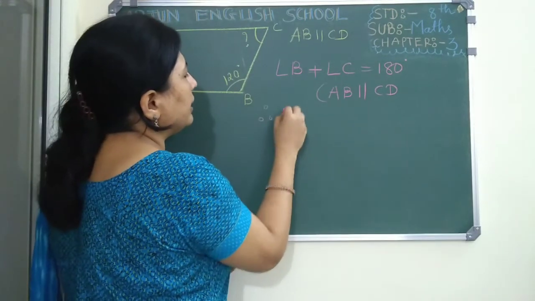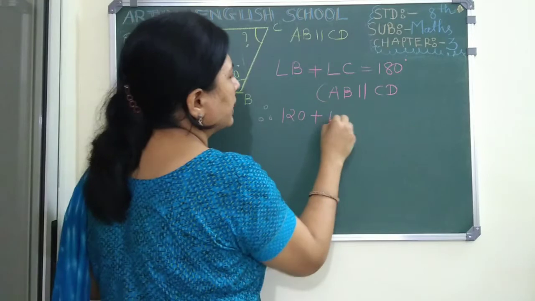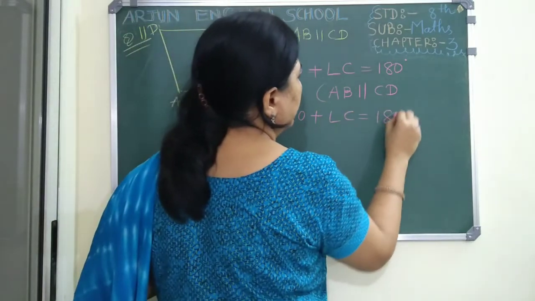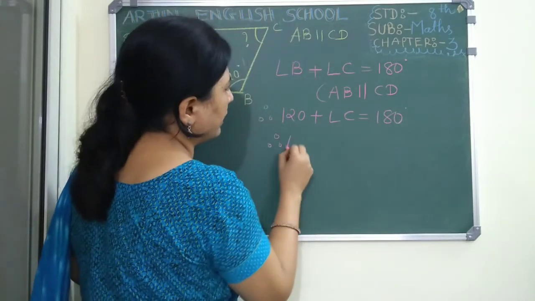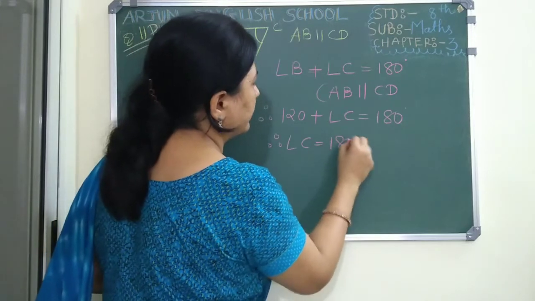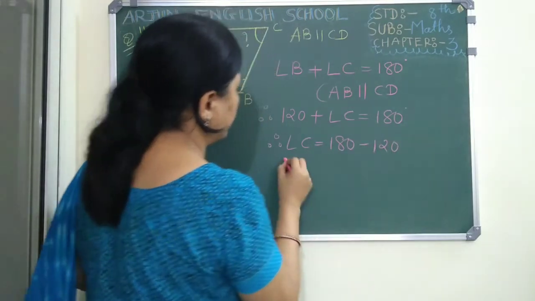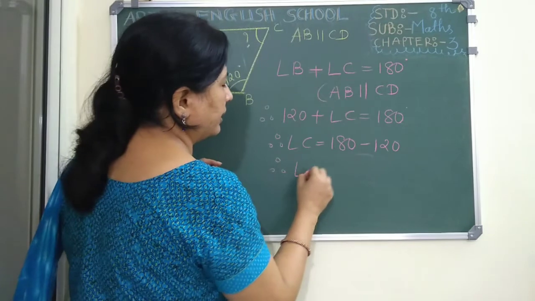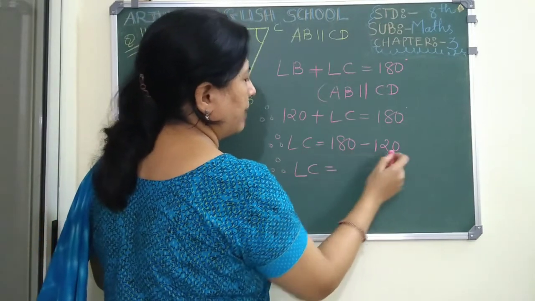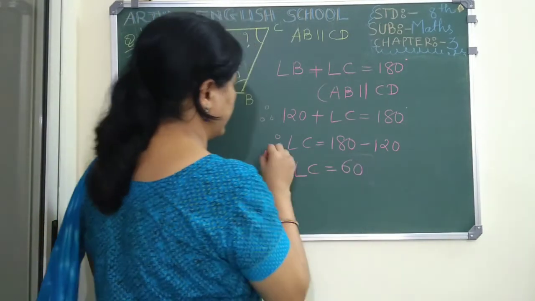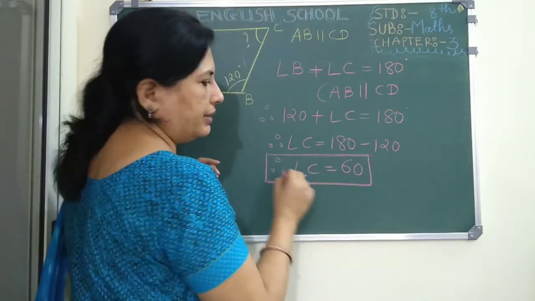Therefore, angle B is 120 plus angle C is equal to 180. Therefore, angle C is equal to 180 minus 120, so measure of angle C is 60, that is your answer.